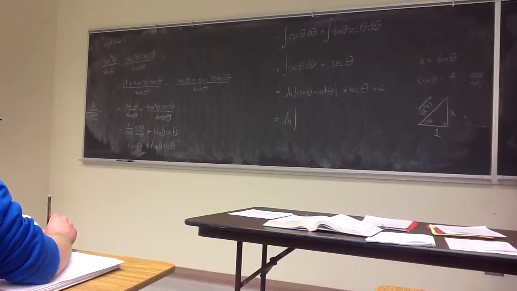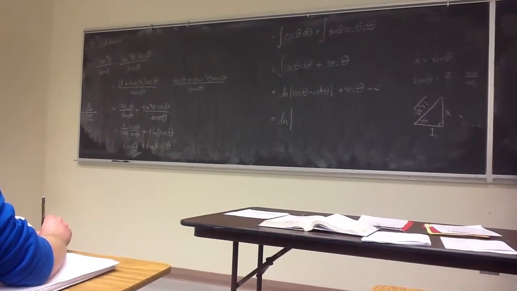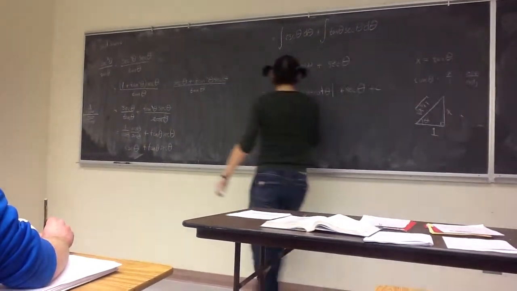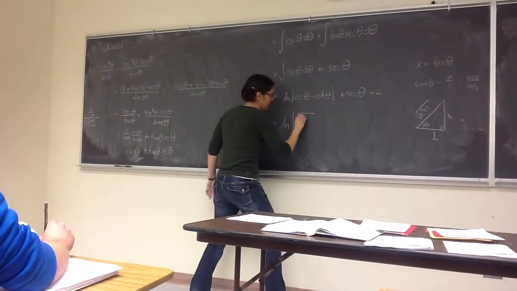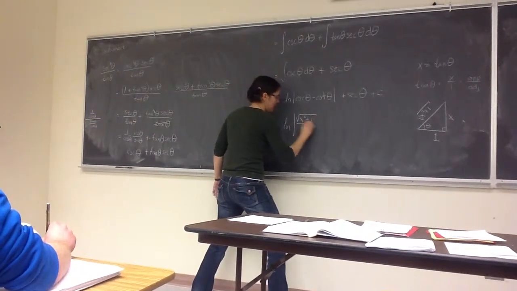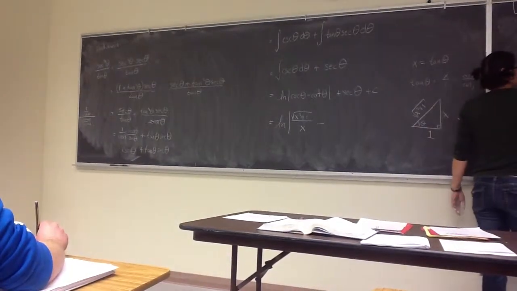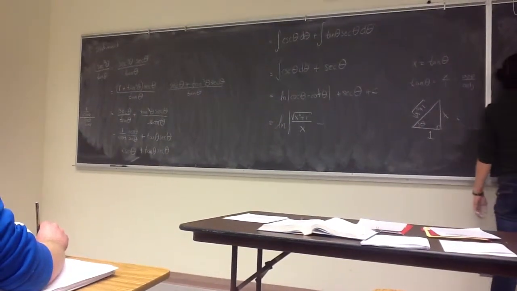Hypotenuse is the square root of x squared plus 1, and our opposite side is x. So we have the natural log of square root of x squared plus 1 over x, minus cotangent.